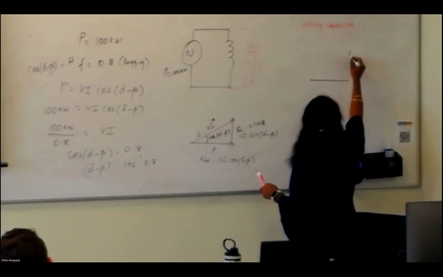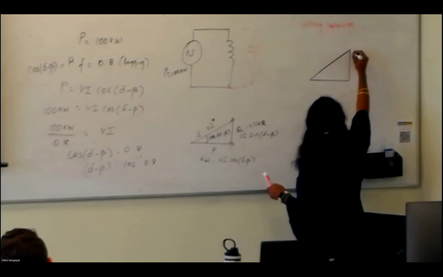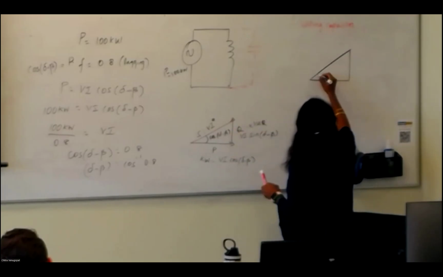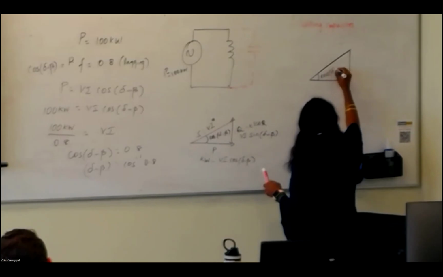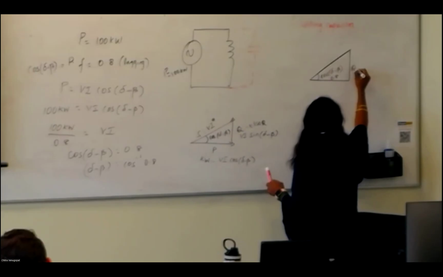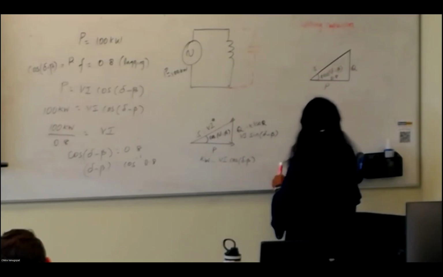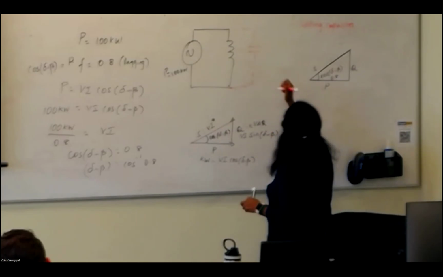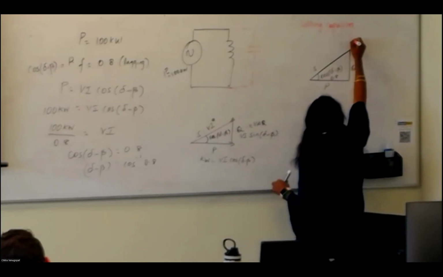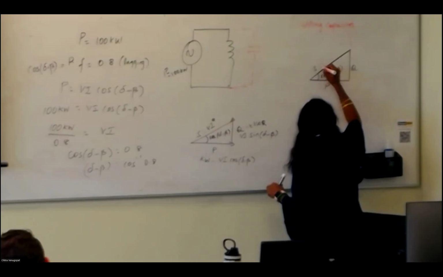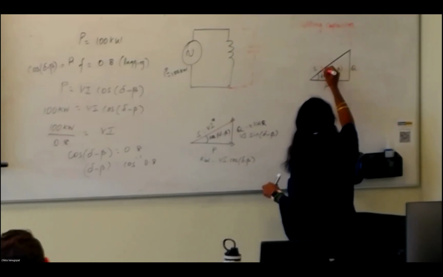this diagram. This is the original diagram what we have done here. Okay, cos(δ minus β), which is equal to 0.8, Q, P. Yes. Okay. Now you are adding a capacitor here. So when you add a capacitor, this angle 0.8 should change to 0.95.